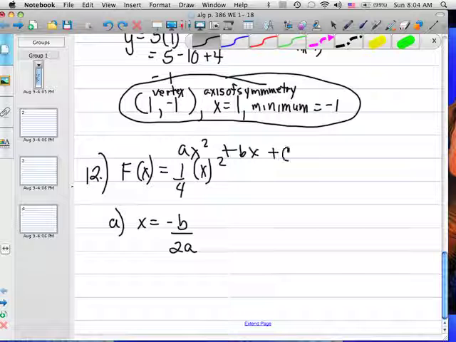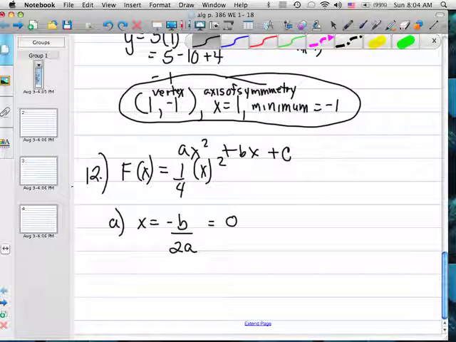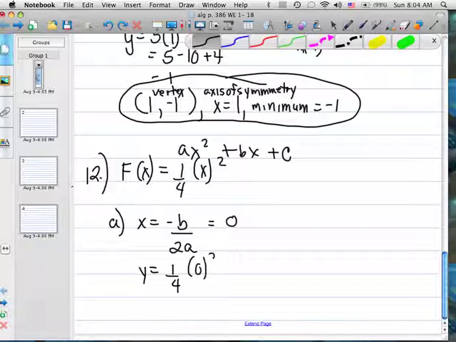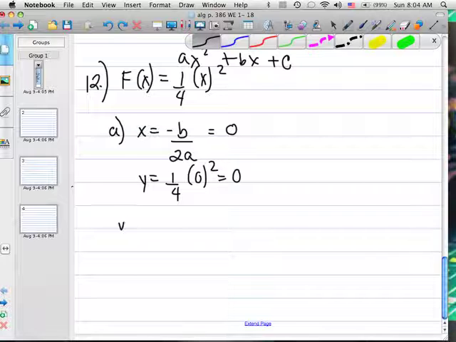There's no b term, so it has to be 0. So we plug that back into this, so y equals 1/4 times 0 squared, which is 0. So our vertex is at the origin. So the vertex is 0, 0.